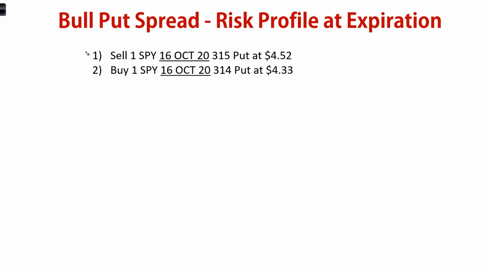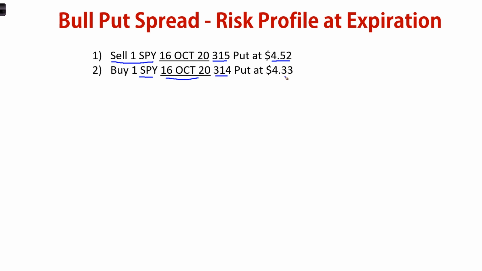In other words, this is what we will be doing. We will be selling one put option on the SPY expiring 16 October 2020 with a strike of 315. And for this, we collect a premium of $4.52. And then we move on to buy a reinsurance, the same put contract on SPY, with the same expiry date, but with a lower strike at 314.